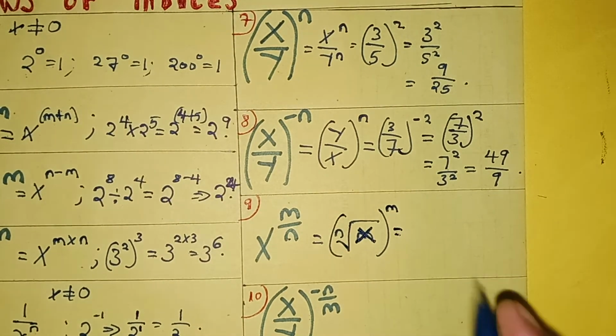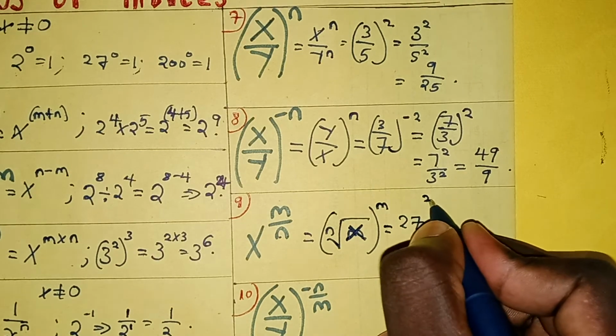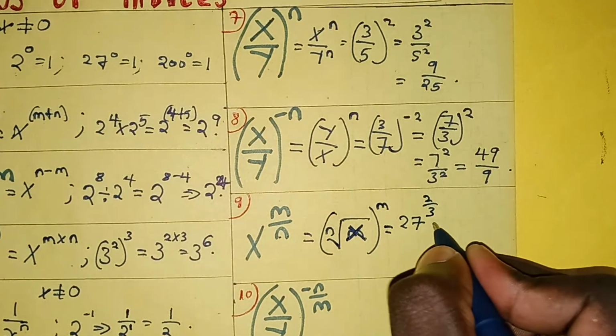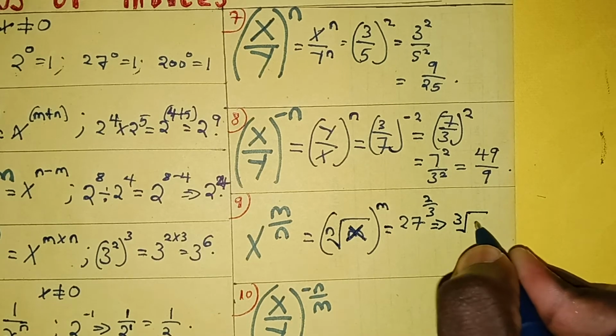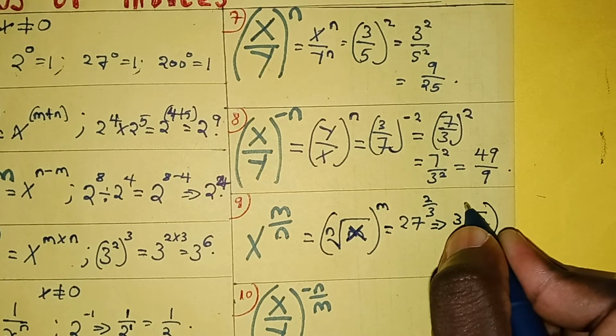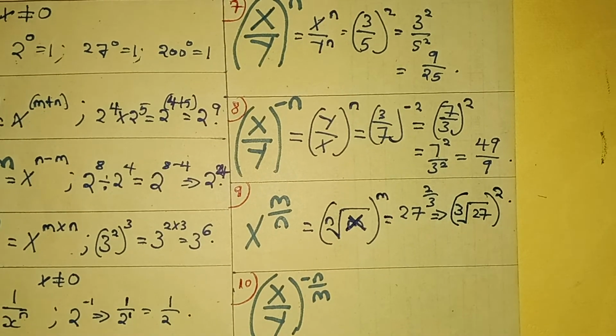For example, we can have 27 power 2 over 3. This is the same as the cube root of 27, then squared, like that.